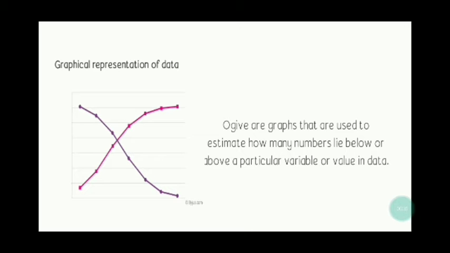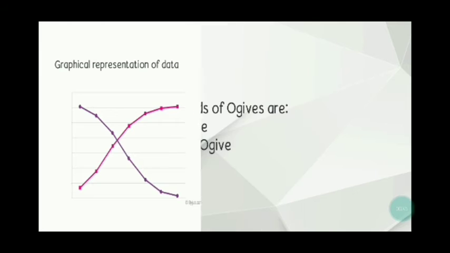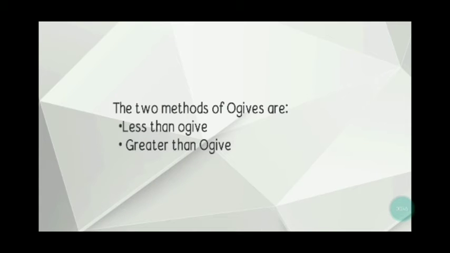It is also defined as the frequency distribution graph of a series. The ogive is a graph of cumulative distribution which explains data values on the horizontal plane axis. So there are two methods of ogives, which are the less than ogive and the greater than ogive.